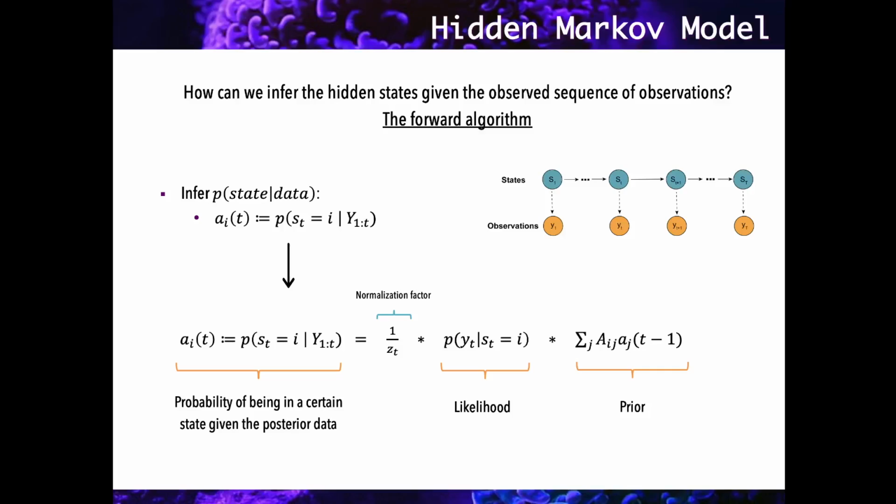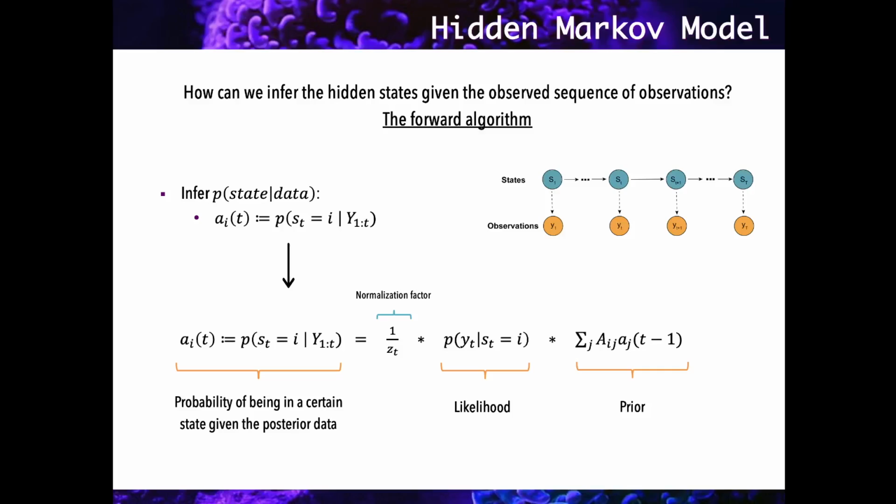The prior is obtained by summing the dynamics of our system, which is given by a transition probability matrix, which we can start by initializing in a random way or by making some inferences of what we expect our data to be modeled by, times the posterior probability that we calculated at the previous time point.